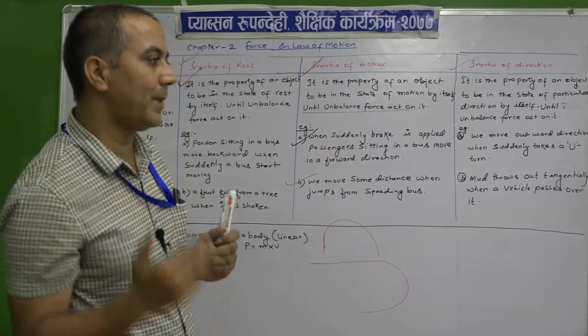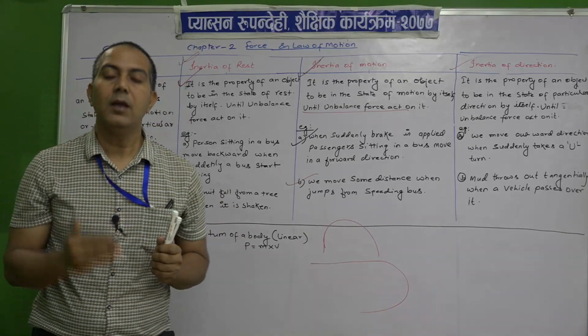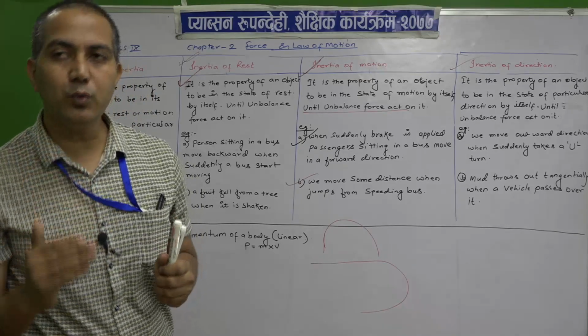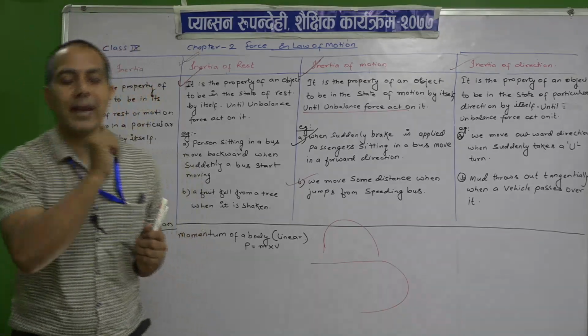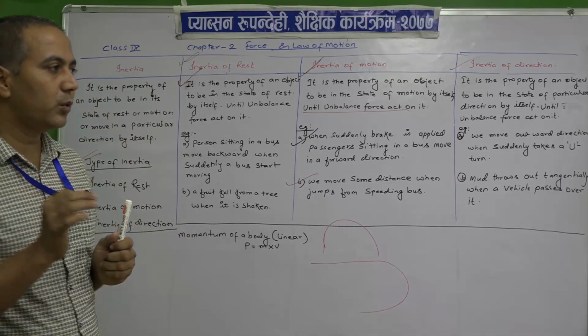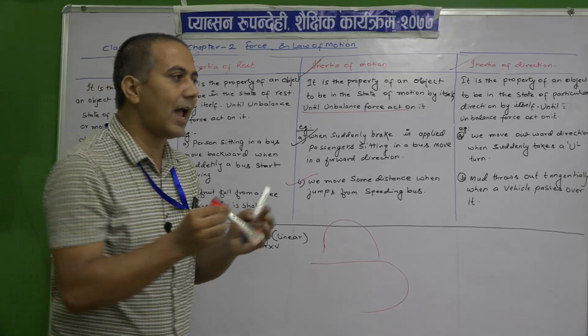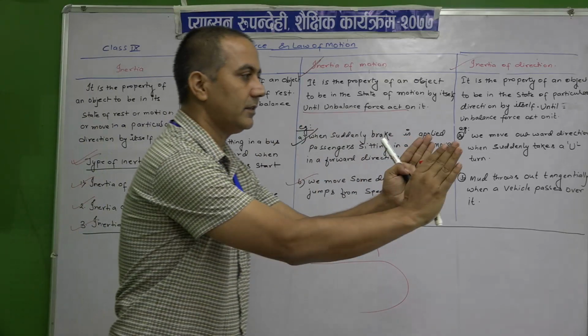Why does it happen? Because it is due to inertia of direction. When it moves in a straight line, our body is in the straight-line direction.